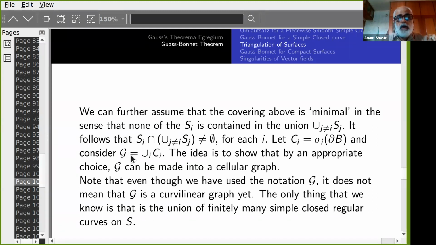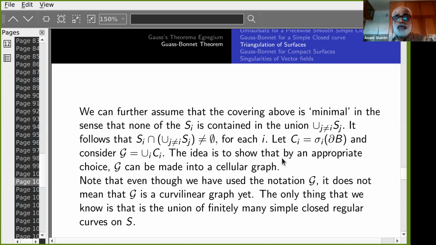Right now, it does not look like a triangulation. It just looks like a union of finitely many simple closed regular curves on the surface. That's all they are. The problem is they may intersect very badly. They may have overlaps and they may intersect too many times. All sorts of things can happen. They may intersect tangentially and so on.